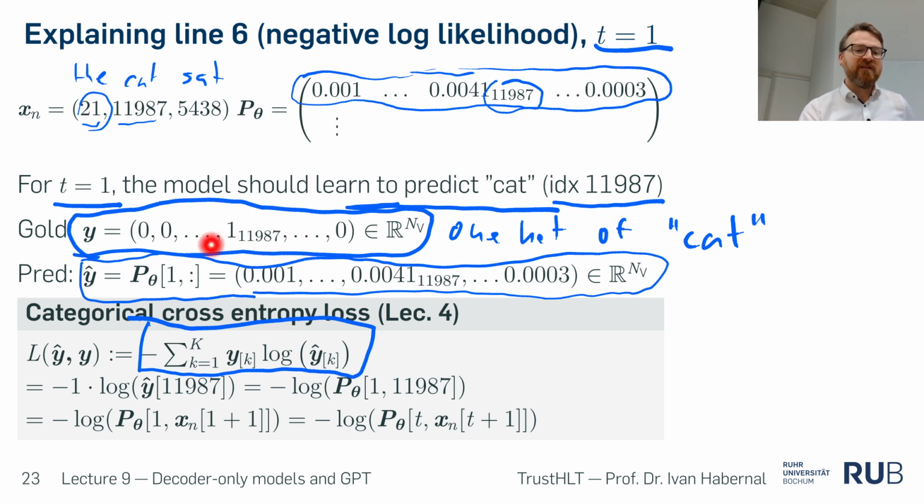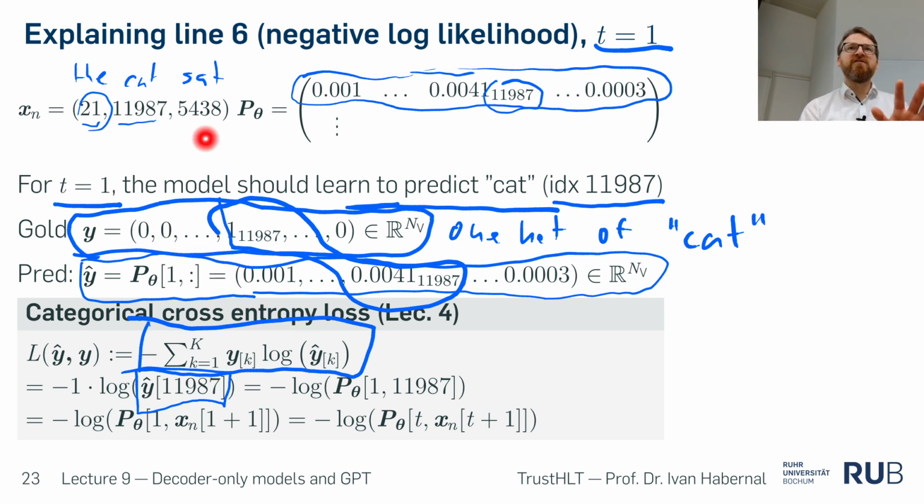So we're going to ignore all these zeros and just pick the value at the position which corresponds to the 1. We just care about position 11,987 because this is where the information is. Everything else is 0, so we save some compute by not multiplying by zeros. So far so good? Okay.